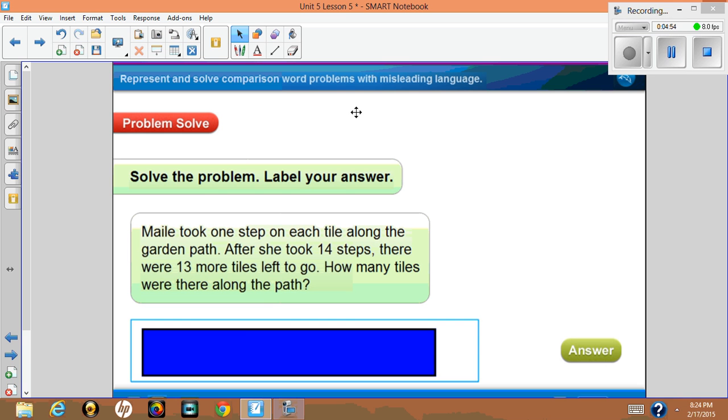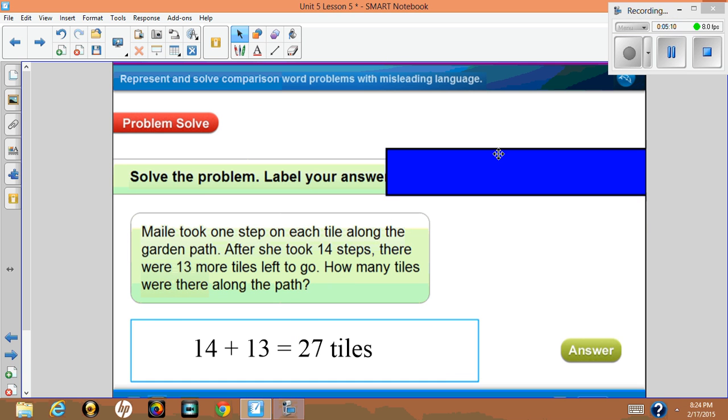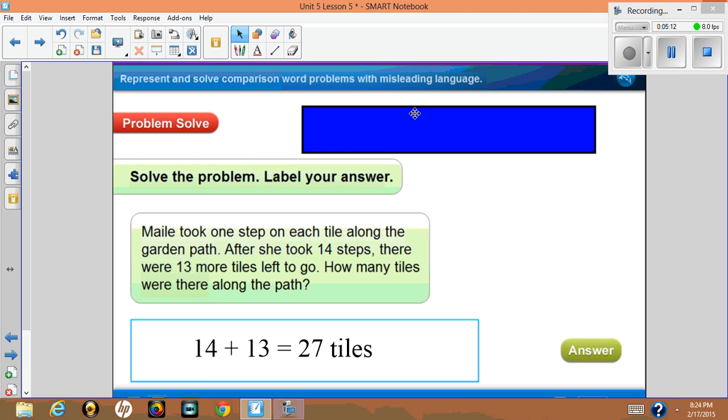So I'm assuming, as I look at this, that if she took 14 steps and needed to take 13 more steps, we should add them to determine how many tiles were along the path. So let's look at our equation. 14 plus 13 equals 27 tiles. Let's look at the answer and see if we're correct. Yay, we are correct.